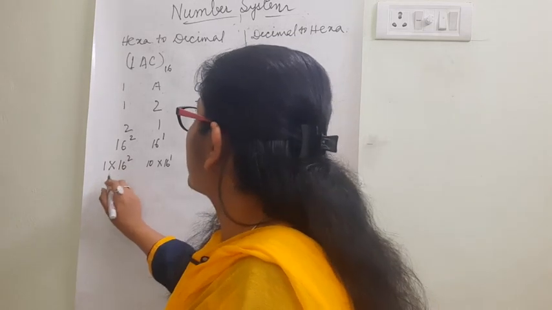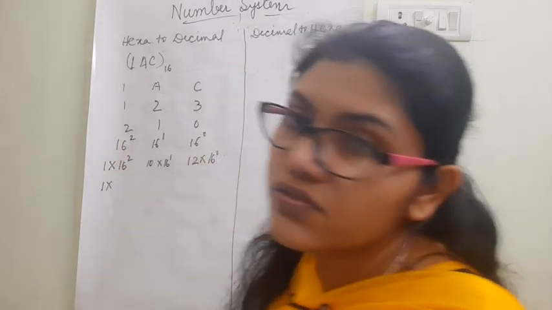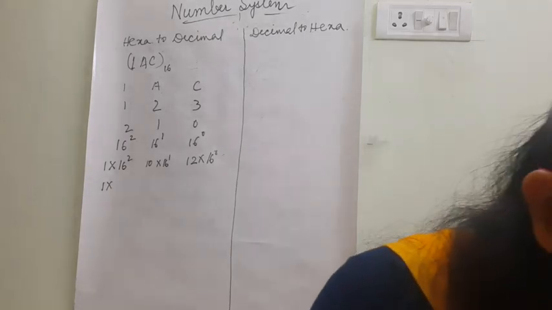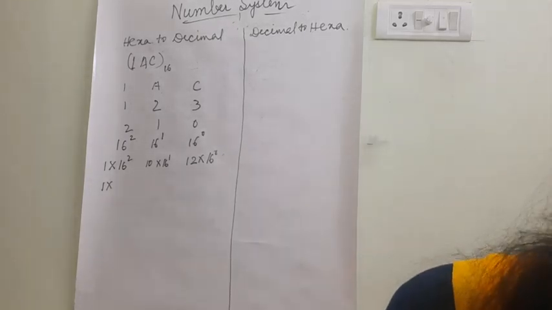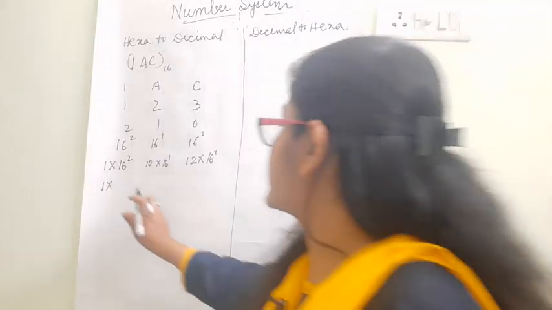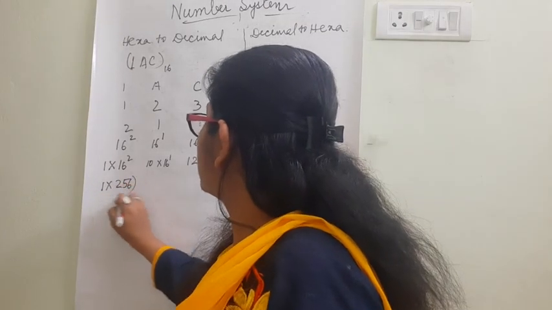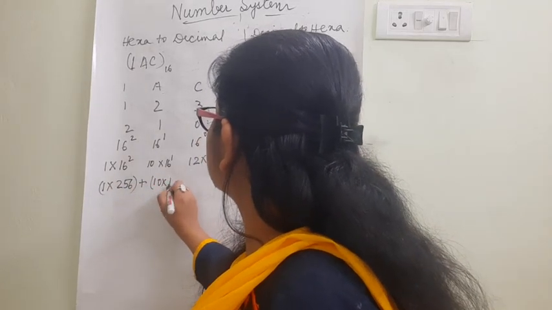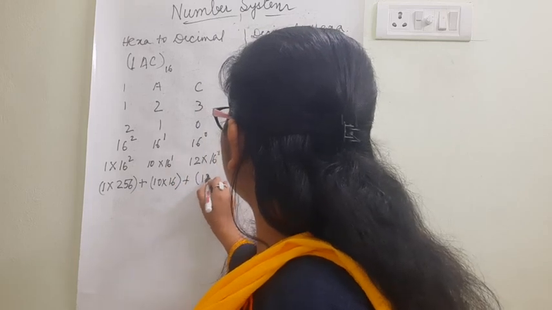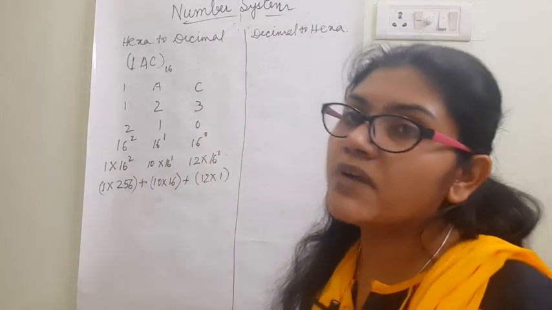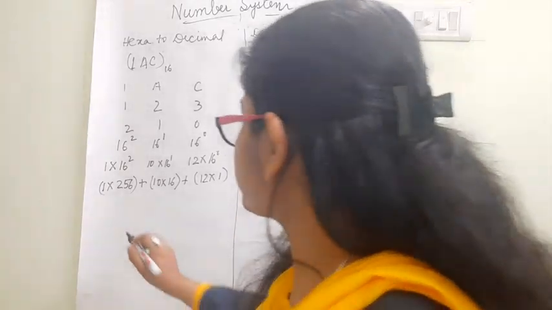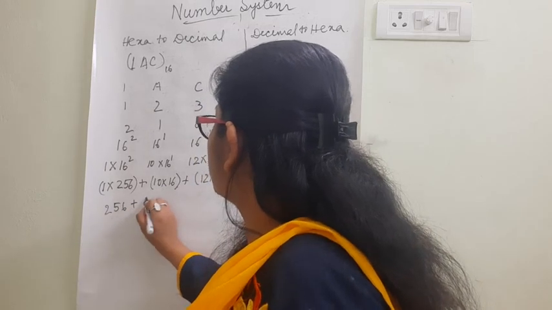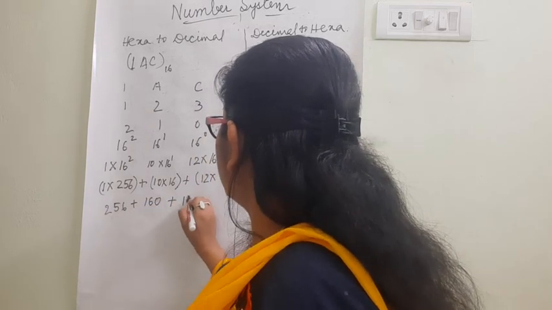Now 1 into 16 into 16, value is 256. Plus 10 into 16, plus 12 into 1. I have already told you power 0 means value is 1. So 256 plus 160 plus 12.